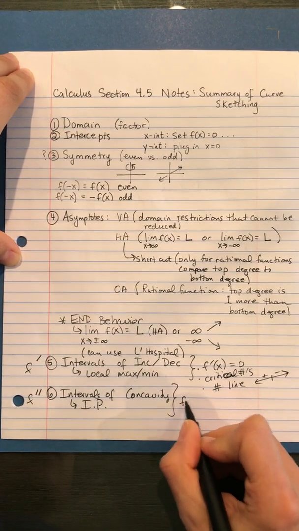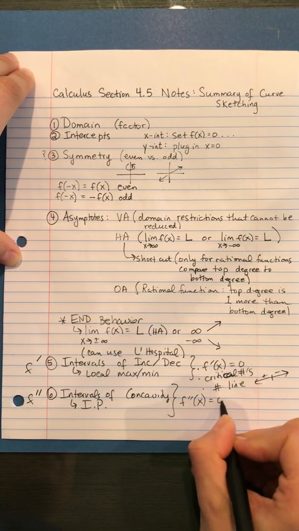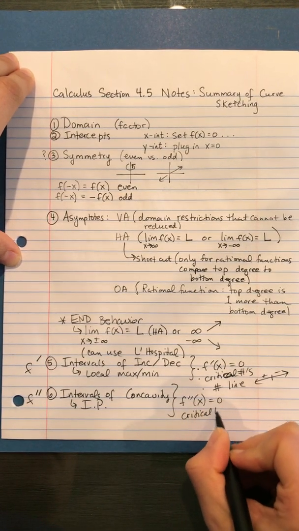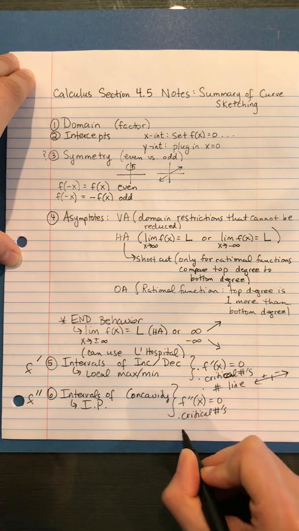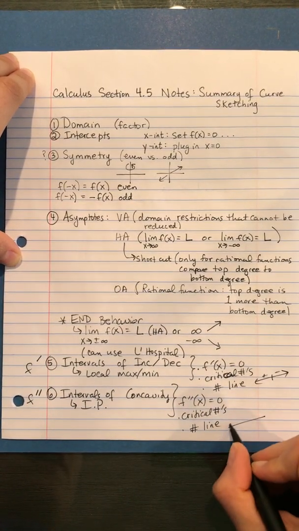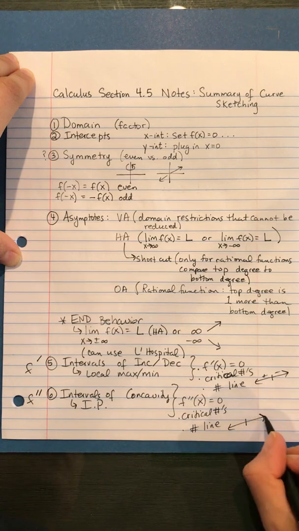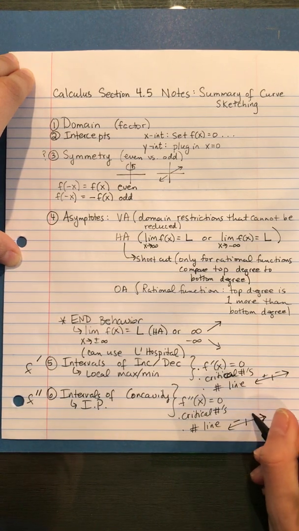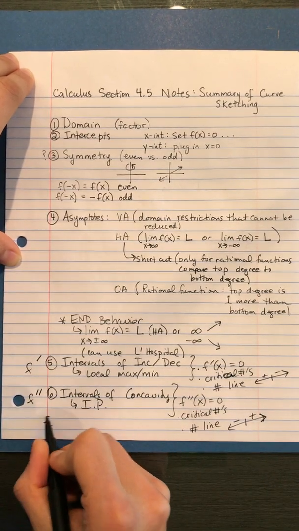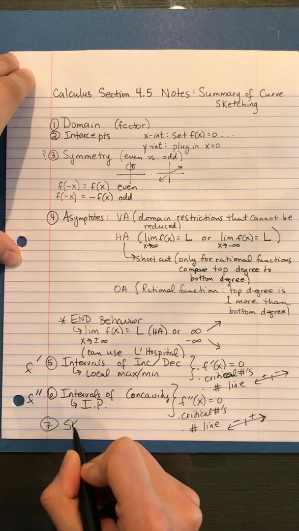This is where you set your second derivative equal to 0. You get the critical numbers of that second derivative, and then you do a number line to see what signs you have. I'm just making up the pluses and minuses, but I'm doing that so I can remind you of number lines.